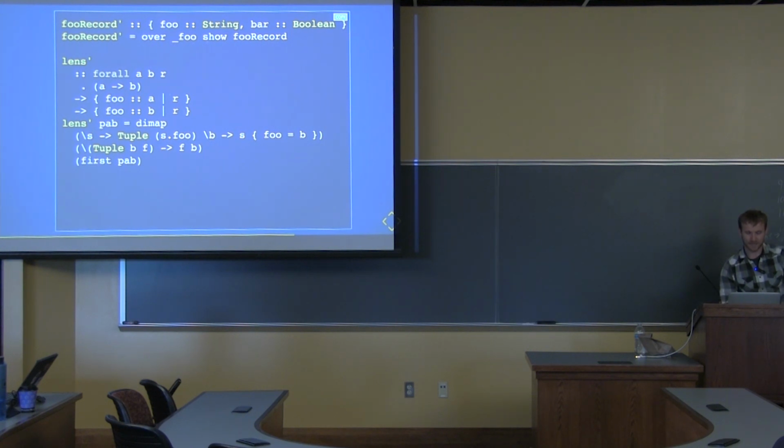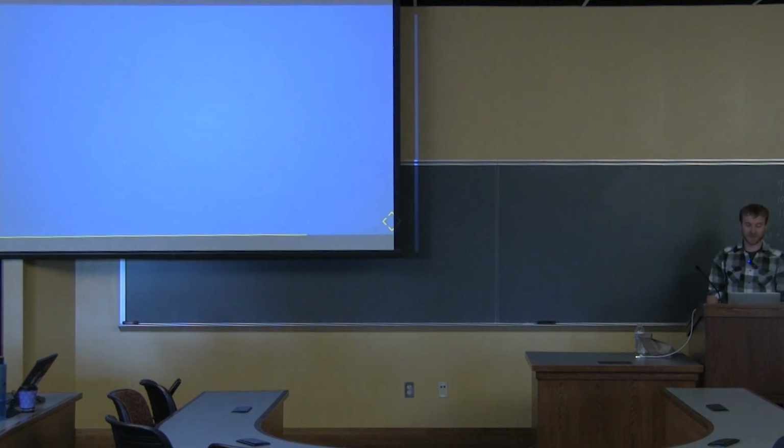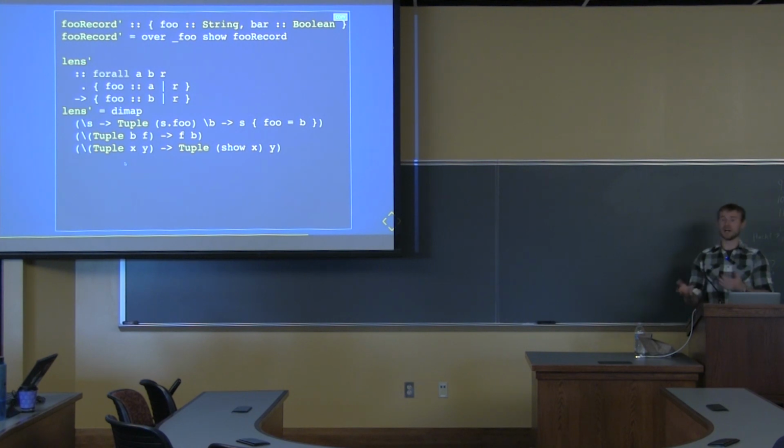So we pass show into foo, and then we pass the record in there. And so show becomes our A to B, which is our PAB. So if we substitute that, PAB goes here, and PAB just gets passed to first. And if you remember the implementation for first, it just applies that function to the first element. So now we have a function that's going to take some tuple and apply show to the first element.